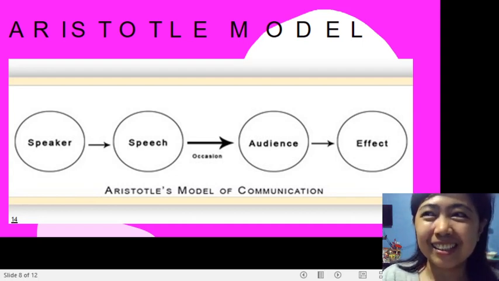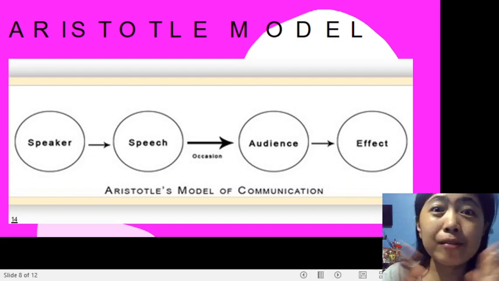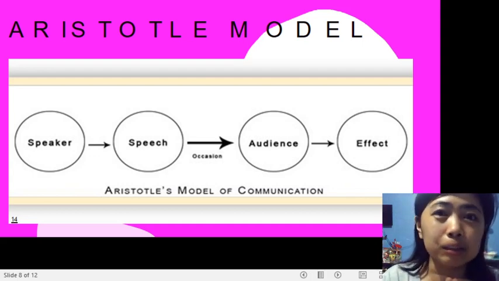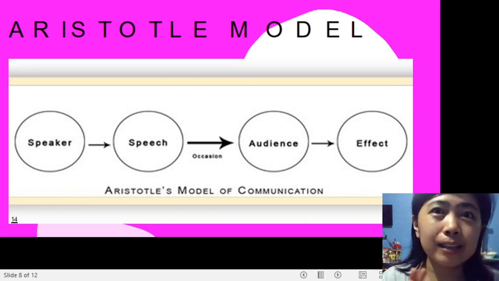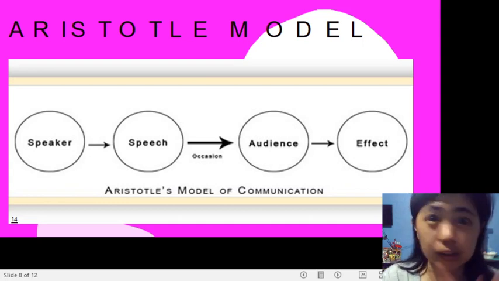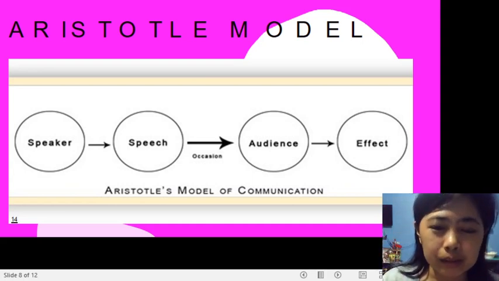That makes them nervous in front. So in order to avoid that kind of situation, you have to prepare your speech beforehand, so that you can get good or positive feedback from your audience, played by your classmates. So that's what the Aristotle model is made of.